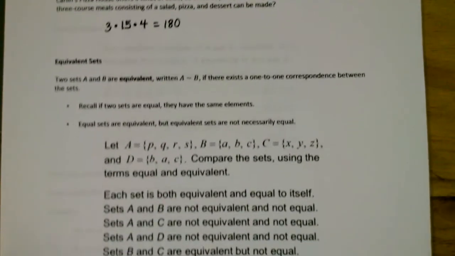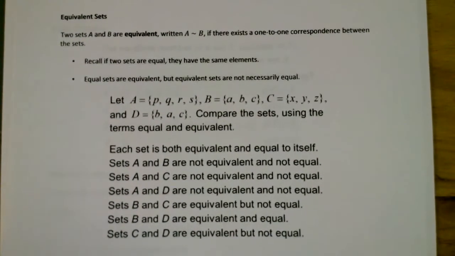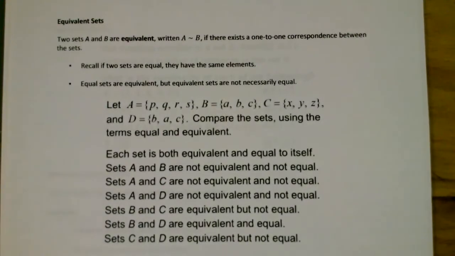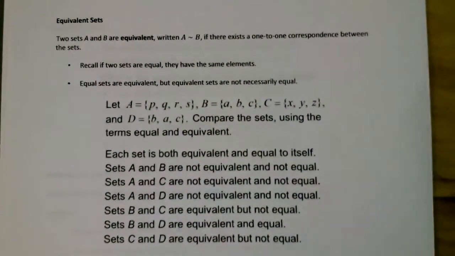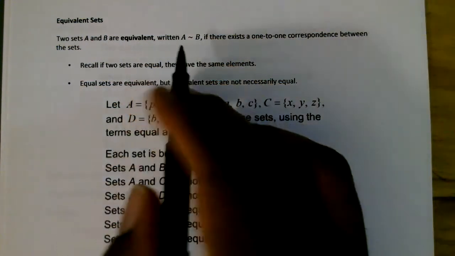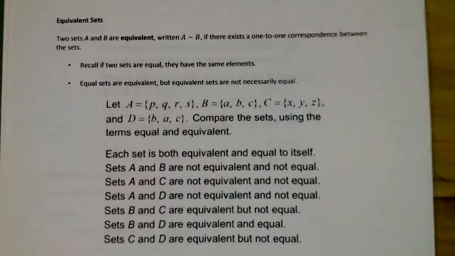All right, now we'll talk about equivalent sets. In this case, there are 2 sets, A and B. 2 sets, A and B, are equivalent, which is written like this: A with a squiggly mark and then B. A is equivalent to B if there is a one-to-one correspondence between the sets.